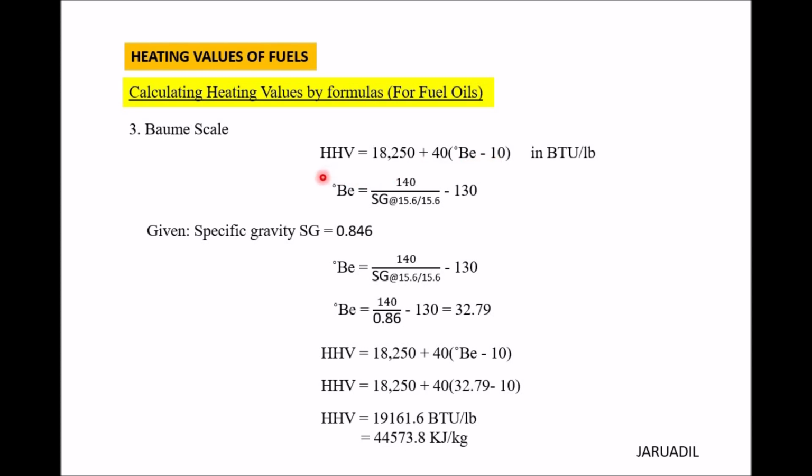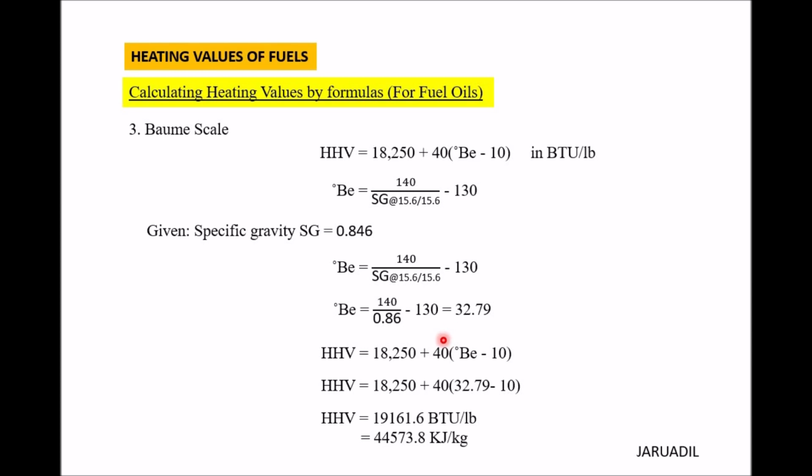So we compute the degree Baum with this formula. So given the specific gravity equal to 0.846, then we have degree Baum is equal to 32.79 by substitution of the specific gravity. So using this formula for higher heating value, we arrive at this result: 19,161.6 BTU per pound. And converting that to kilojoules per kilogram, we got 44,573.8 kilojoules per kilogram.